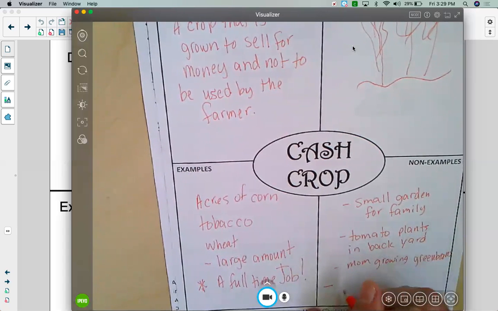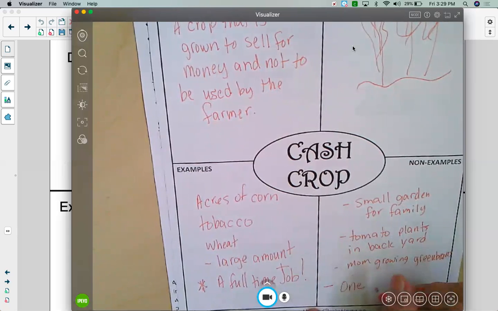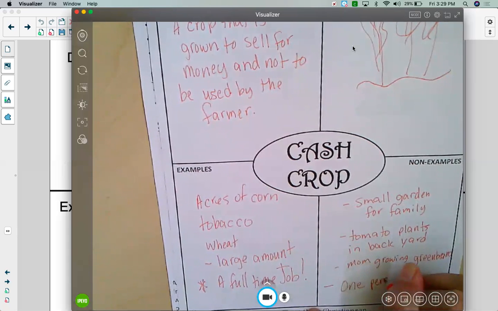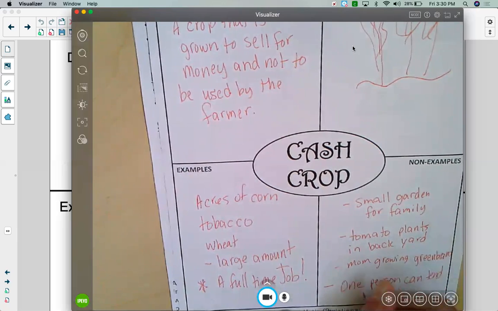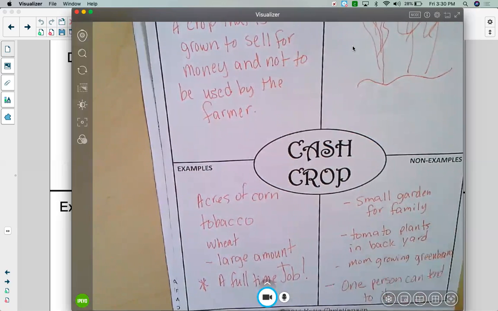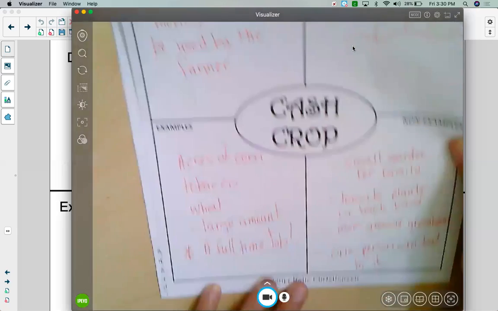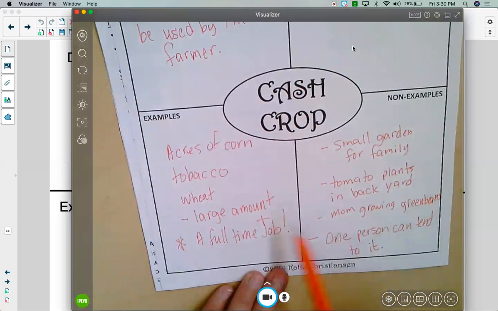For non-example, one person can take care of it. This is a one person can tend to it.